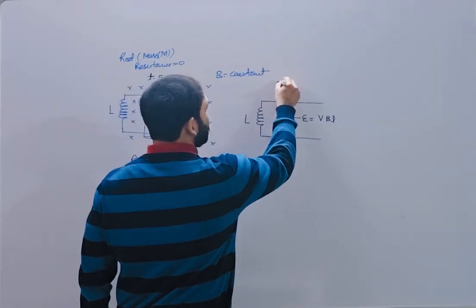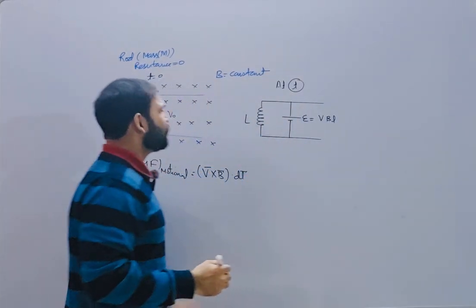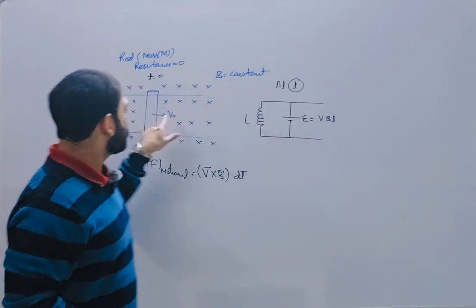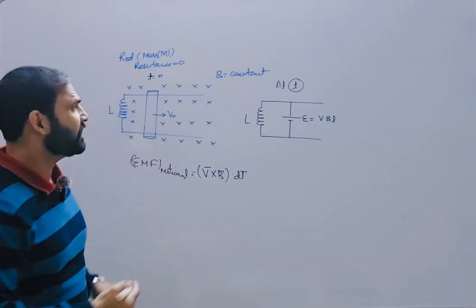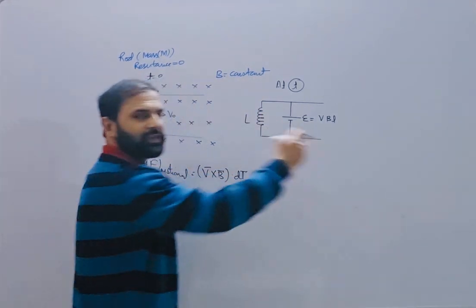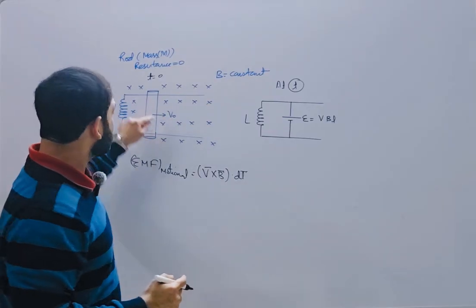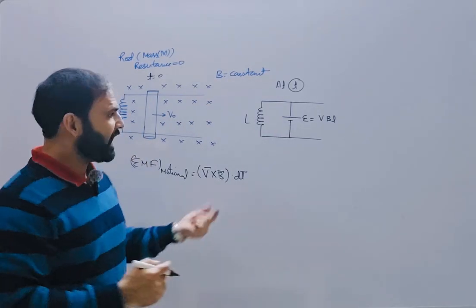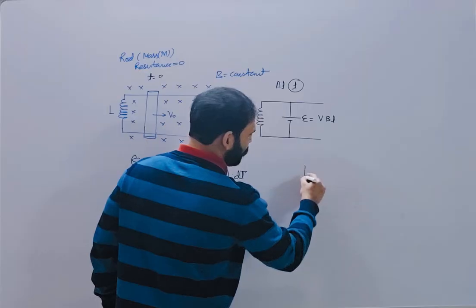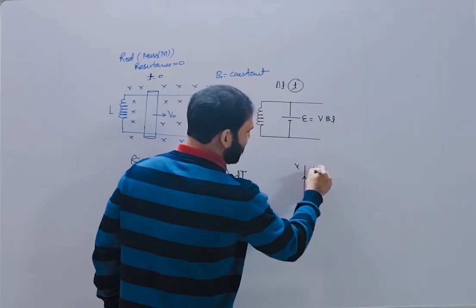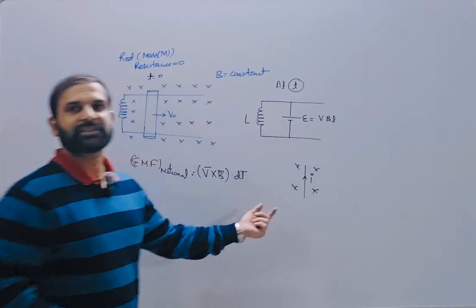Now the value of V and v0 is different, because as the rod starts moving in the forward direction, current starts to flow in the circuit, and whenever a current carrying wire is placed in a magnetic field, it experiences a force.